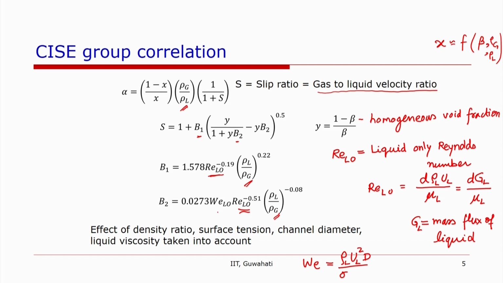It also takes into account surface tension using Weber number, and it takes into account the mass flow rate ratio of the two phases using X. So, this is a correlation which takes into account most of the physical effects that might occur.